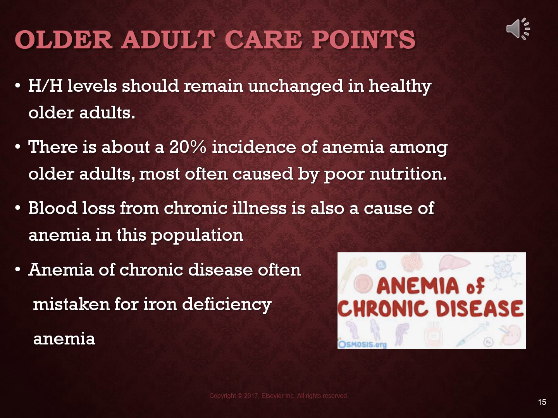Blood loss from chronic illness is also a cause of anemia in this population, and so these are the people who, when they come in for their annual check, are the people that probably ought to have an H&H drawn just to check and make sure nothing big's going on. And if you think about it, they are also the people who are more likely to have some sort of chronic respiratory or chronic cardiovascular thing going on, which can be an even bigger problem if indeed they do become anemic.